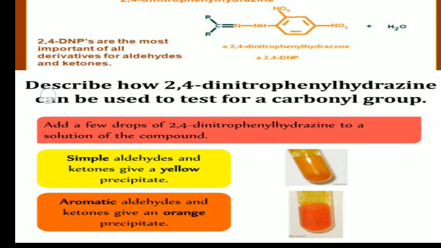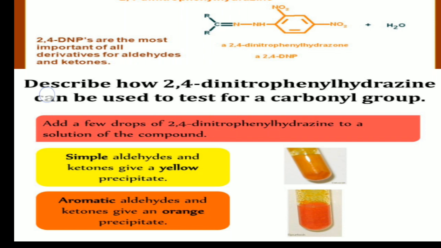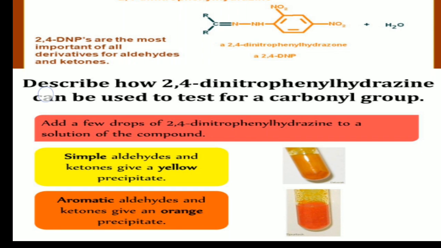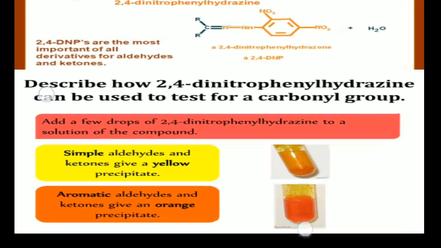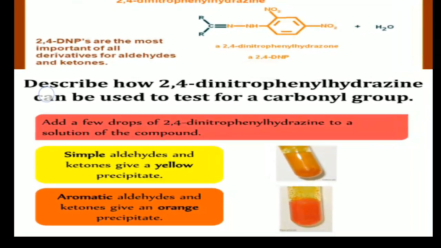For an aromatic aldehyde or aromatic ketone, when it is added by this 2,4-dinitrophenylhydrazine solution, it gives an orange colored precipitate.